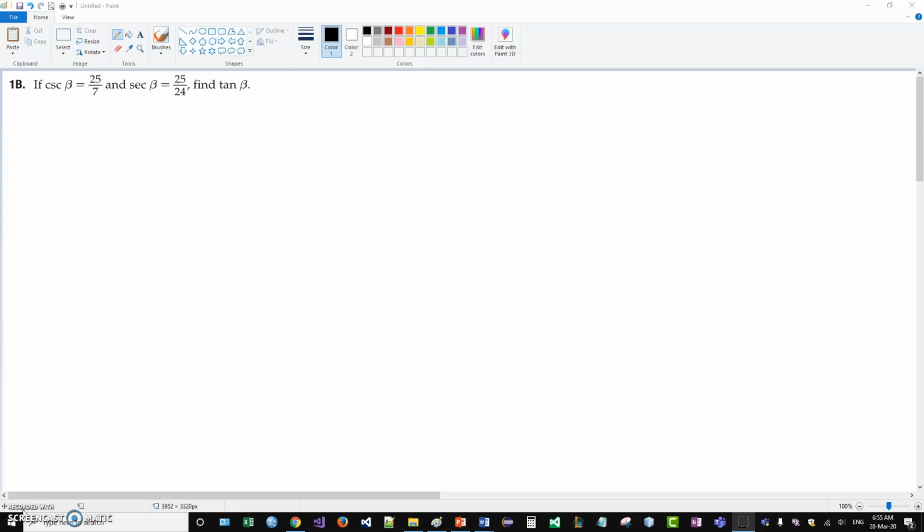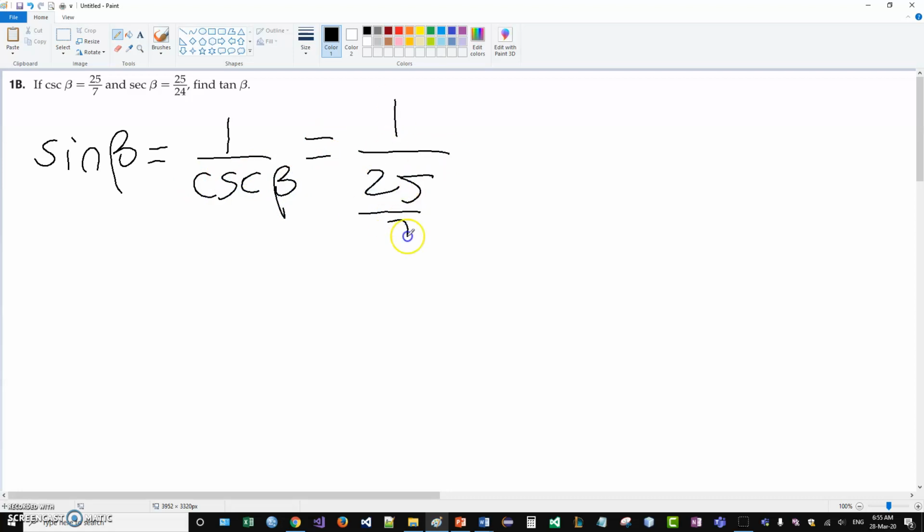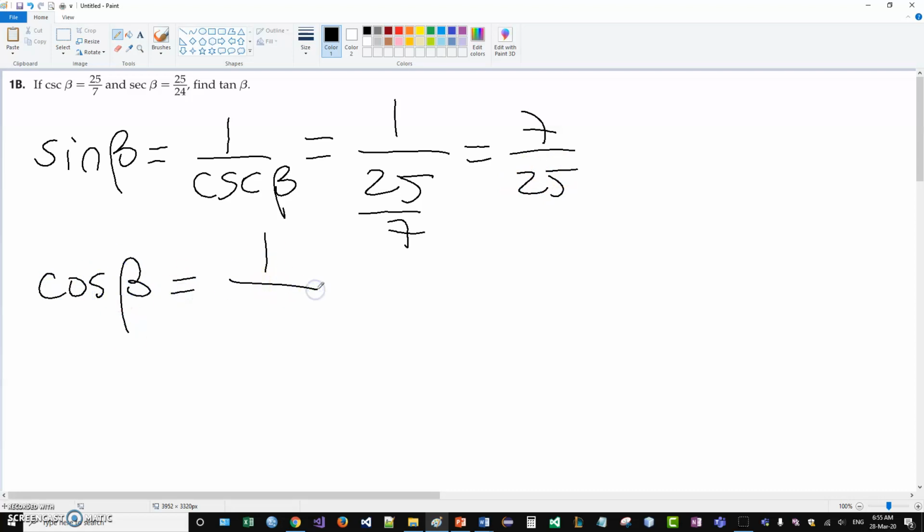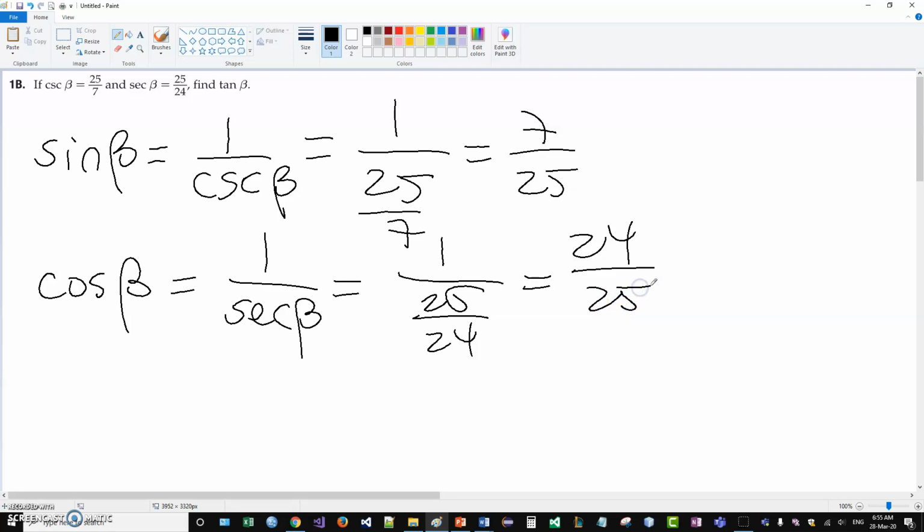Using the reciprocal identities, sine beta equals 1 over cosecant beta, which is 1 over 25 over 7, equals 7 over 25. Same thing for the secant. So cosine beta equals 1 over secant beta, equals 1 over 25 over 24, which is 24 over 25.